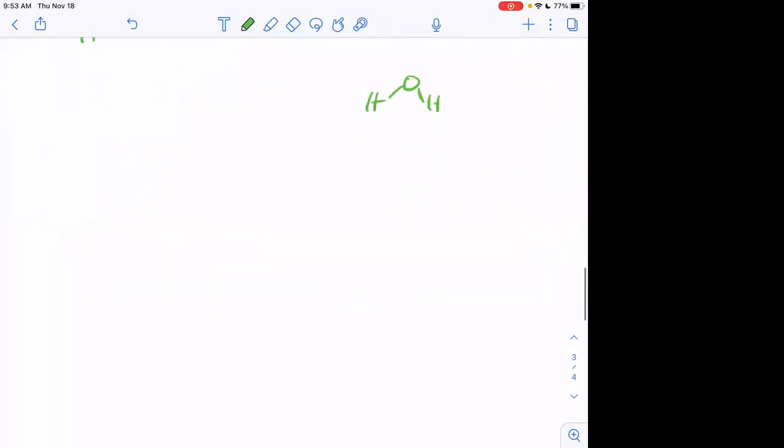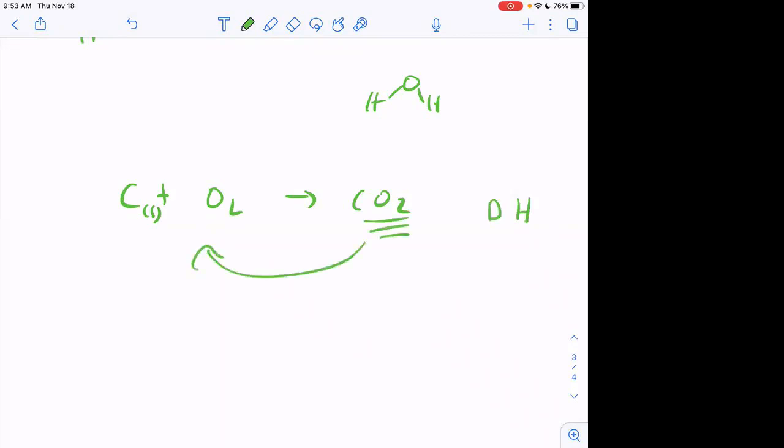So when you think about a formation reaction, the magnitude of delta H tells you something about the stability of this relative to this, right? If this is a large negative number, what does that mean in terms of the products relative to the reactants?